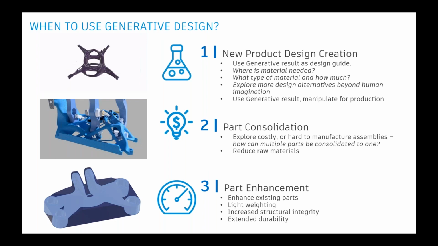Maybe you're looking at different materials and saying, are there ways that we can optimize or enhance this design? Can we lightweight it? Can we increase its structural integrity? Can we make it a more durable part? So you can certainly leverage it with designs that you have today within your portfolio.